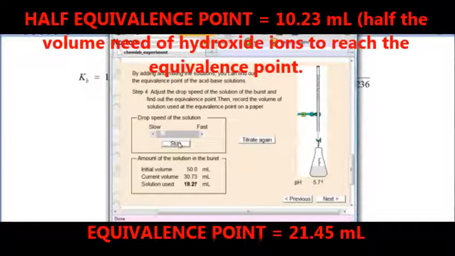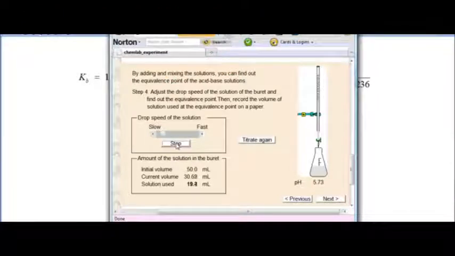So we'll continue on, and shortly you're going to start to notice the pH is going to start to change a little more quickly. So there's 18.7, okay, almost to 20 here.